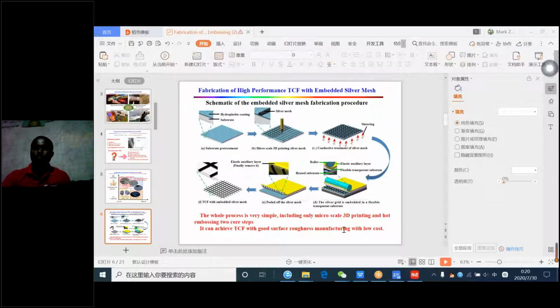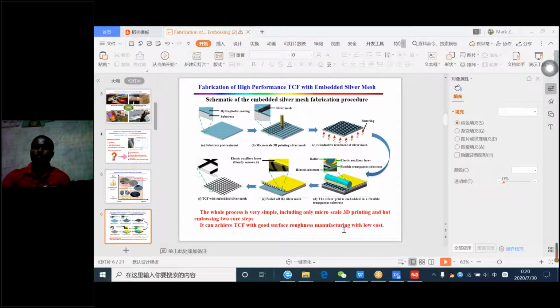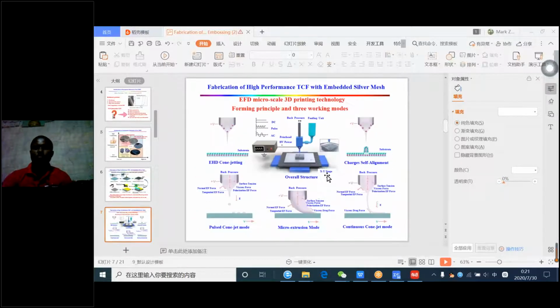The first core process is 3D printing the silver meshes on the substrates, using electric field-driven micro-scale 3D printing, which can be shortened as EFD micro-scale 3D printing technology.